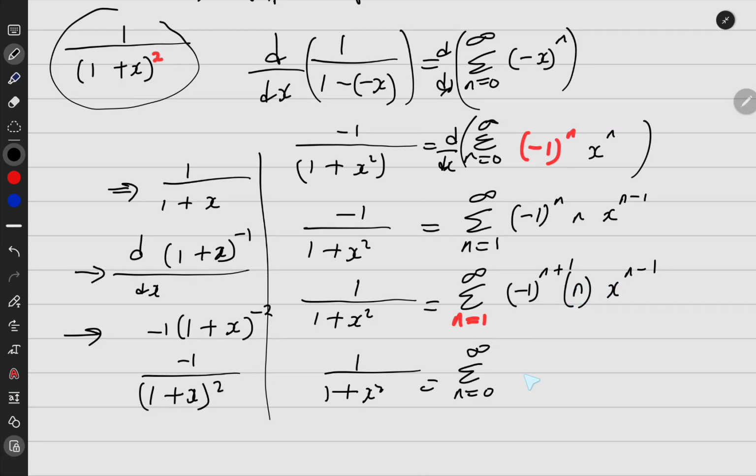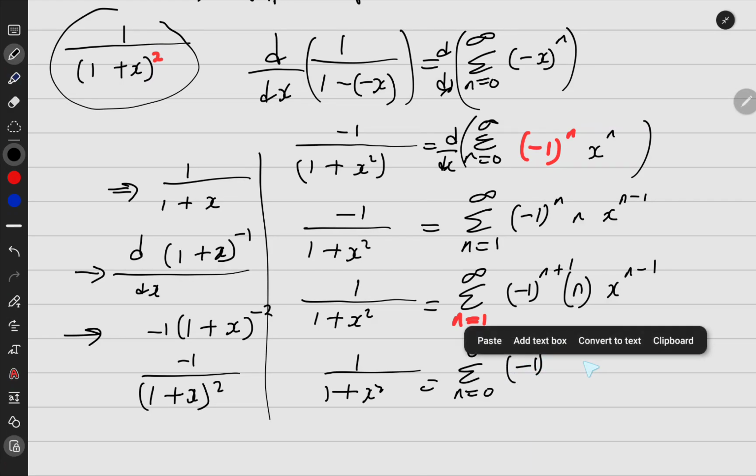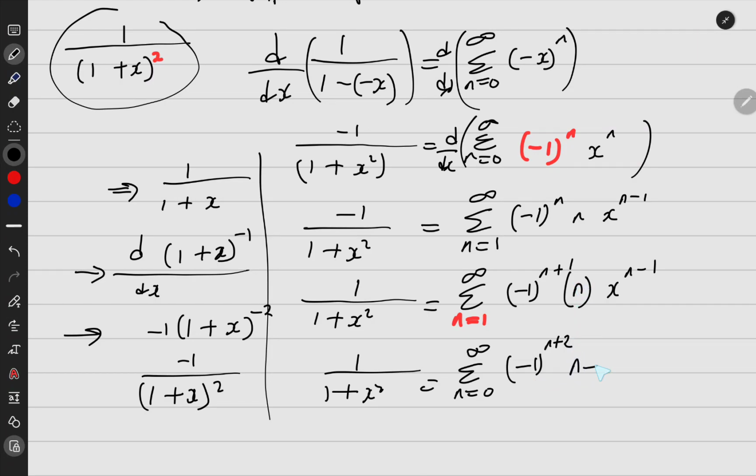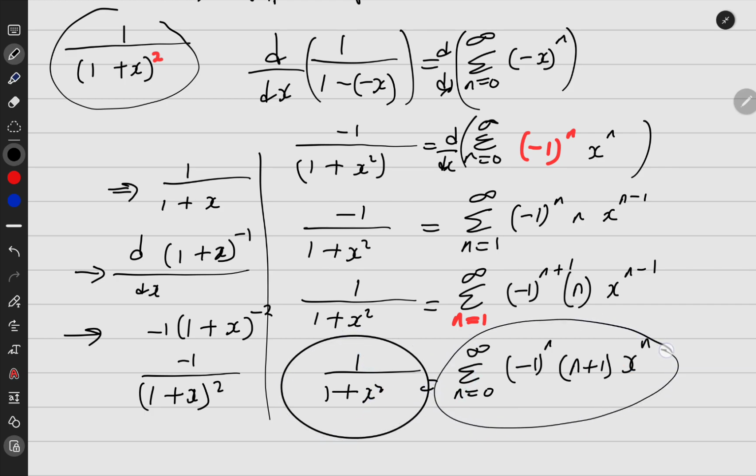So it's going to be (negative 1) to the n plus 2, times n plus 1, times x to the n all alone. I think this is still alternating without that 2, it's just shifting it. So I don't think the 2 is so important. We could just take it off. It doesn't change how the series behaves. So now we've solved our problem, because we wanted to represent the function like this.